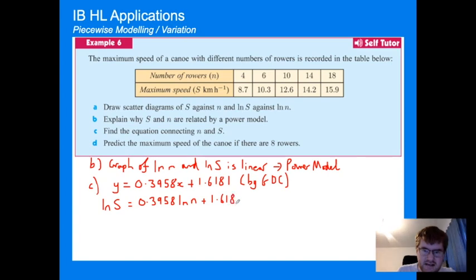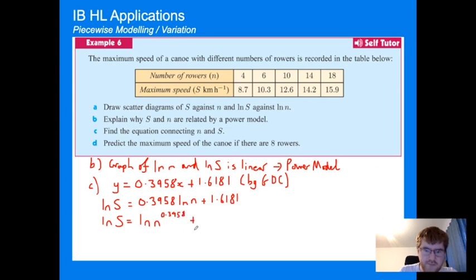And we do this in exactly the same way, working backwards to work out the power model. So these steps will be near enough identical to what we just did in the previous example. So our first step is to bring the 0.3958 to the back. So we get natural log of n to the 0.3958.